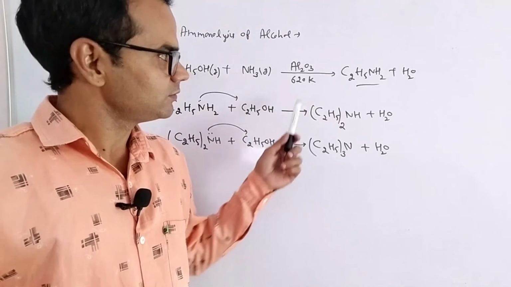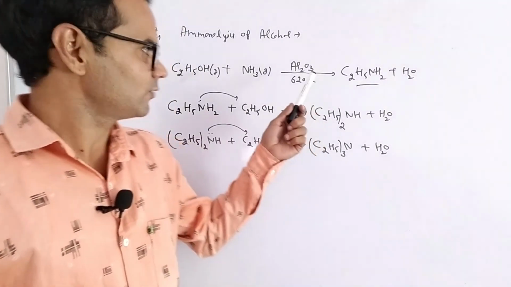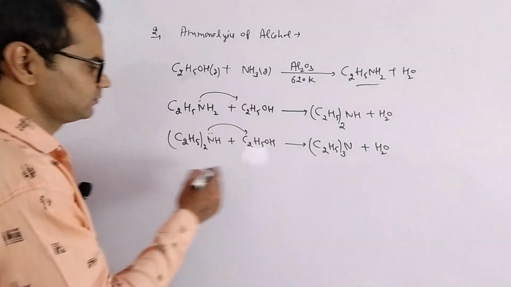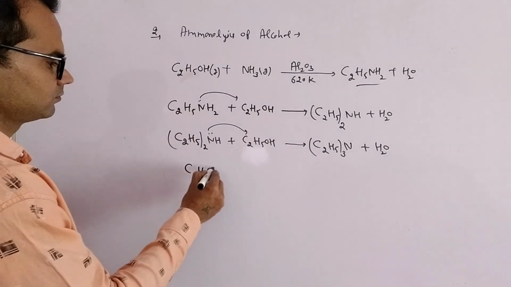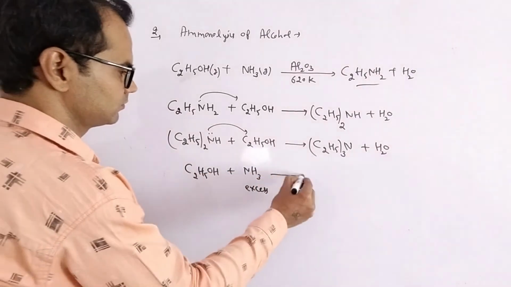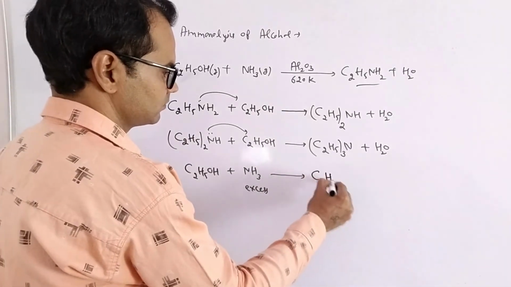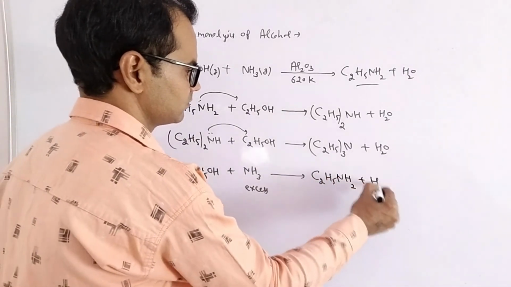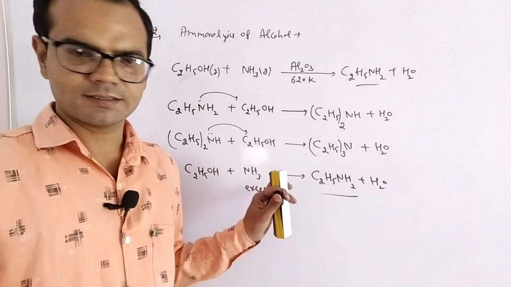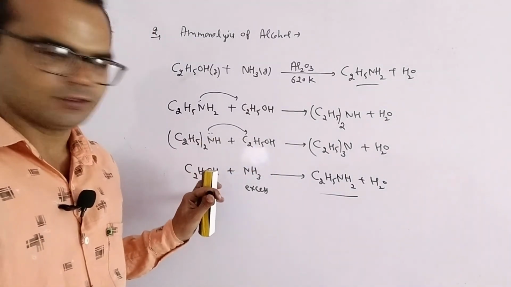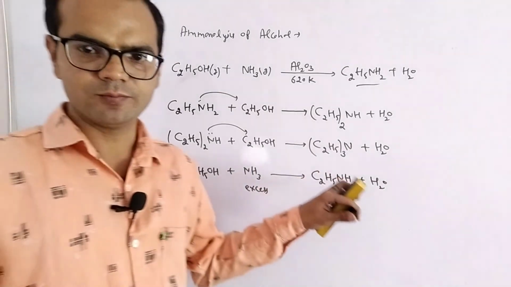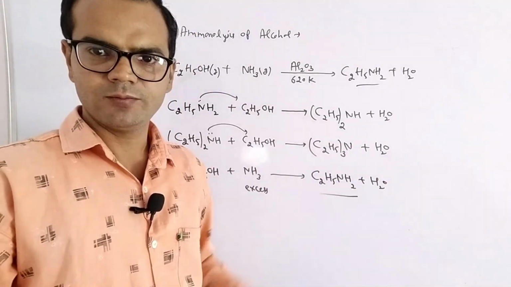So to make it complete in one step, we have to take ammonia in excess again. If ammonia is taken in excess, then all the molecules of alcohol will be attacked by ammonia, and reaction will complete in one step, and we will have only primary amines.